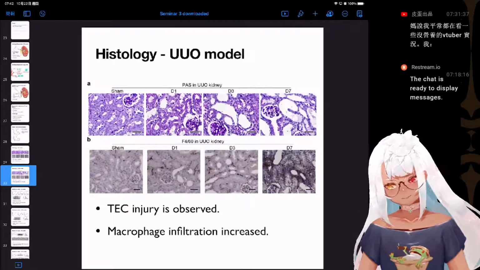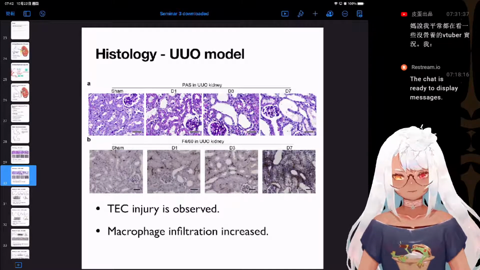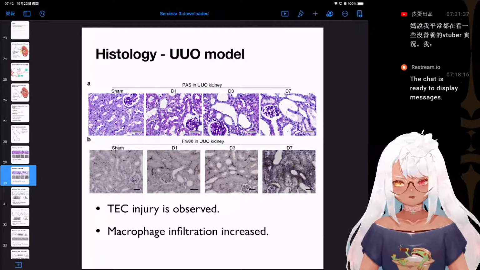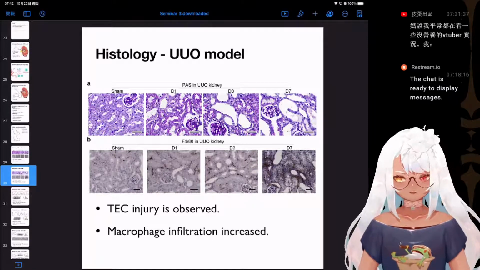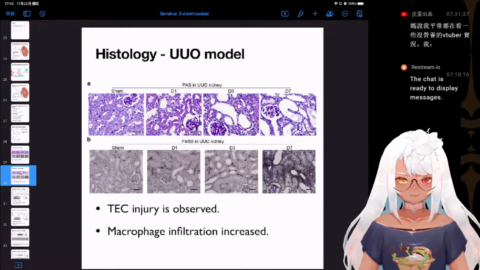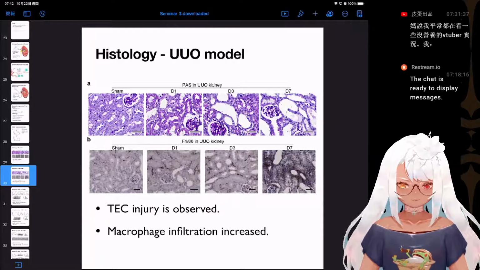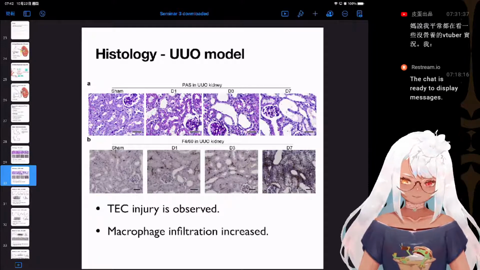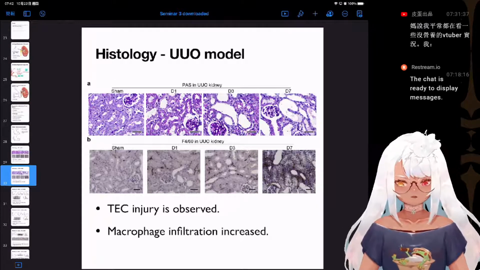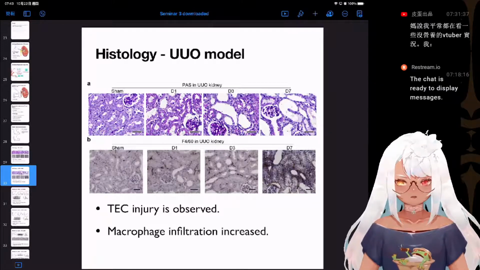For the UUO model, we also see very similar results, showing a rupture in the morphology of the kidney tissue, but a little bit more vigorously because it's an irreversible model. So even at day 7, the destruction keeps going on, and the infiltration of macrophages is even more intensive.